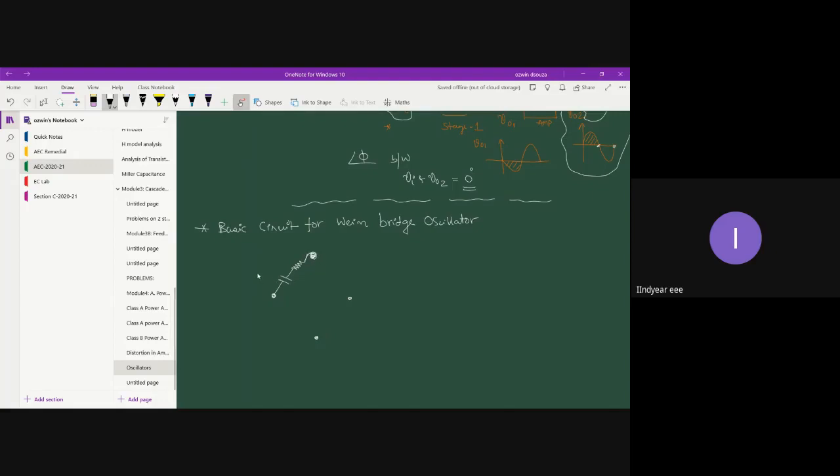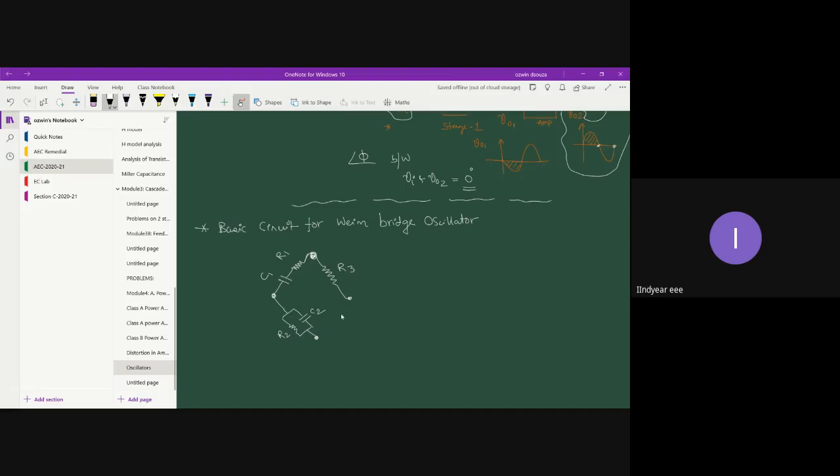So this is, say, C1 and this is R1. Here you will have R3, and in this branch you will have the series and parallel combination of capacitor and resistance. This is C2 and this is R2.